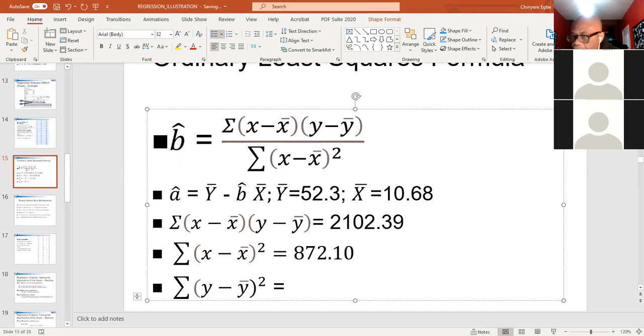It's equal to 7711.47. All right, so now we have all the numbers that we need.